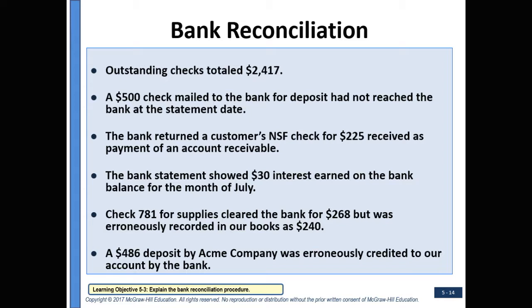You will receive, in most cases, some type of an additional notice when this occurs from your bank in the form of either an electronic mail through your banking portal or an actual piece of mail that will arrive at your business that talks about an NSF check and will show you the check that was returned. You now have to reverse the transaction because you did not actually receive $225 for that account receivable.